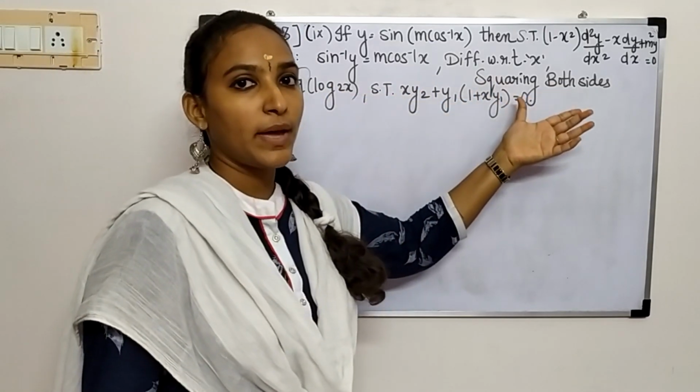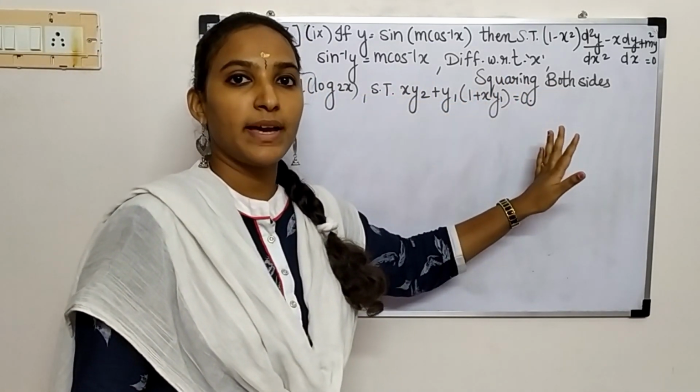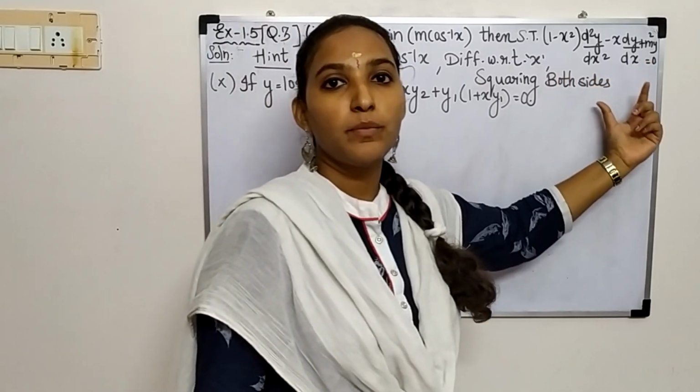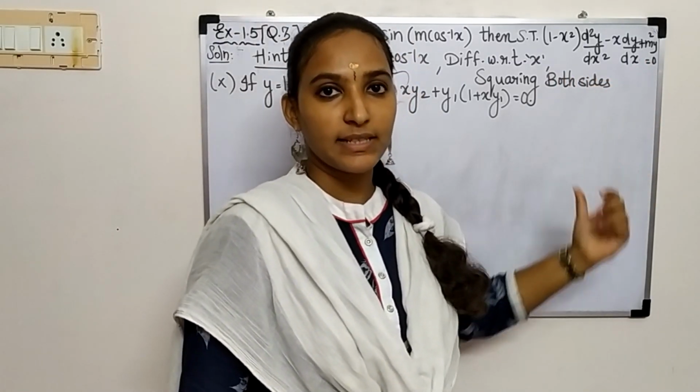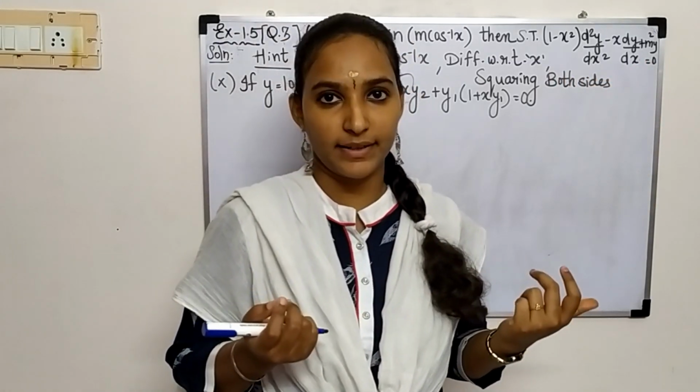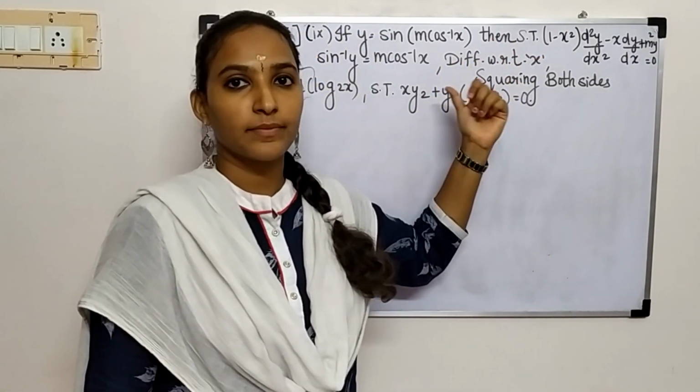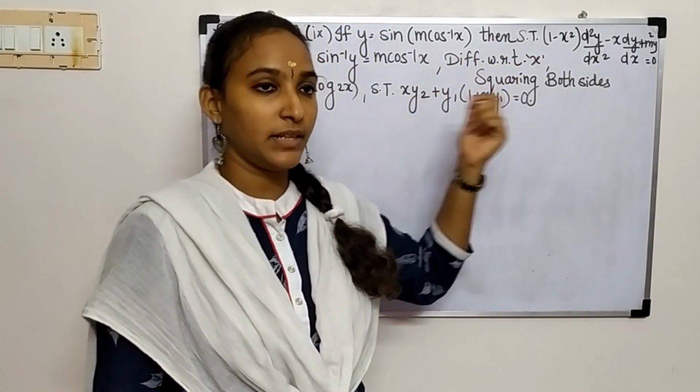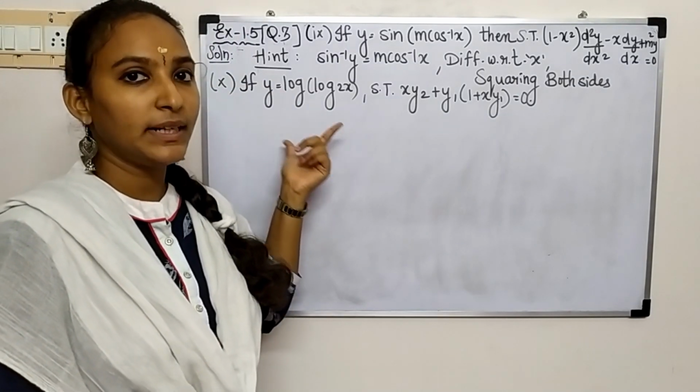Then we are going to square both sides. Once the squaring is done, you will be almost about to get your answer by cancelling out some common factors. Okay, hope you are getting this. Please solve it yourself. I will solve question number 10 now.